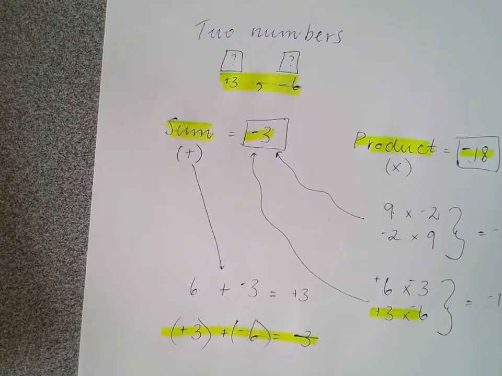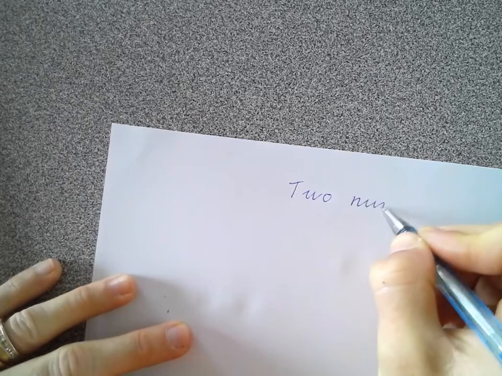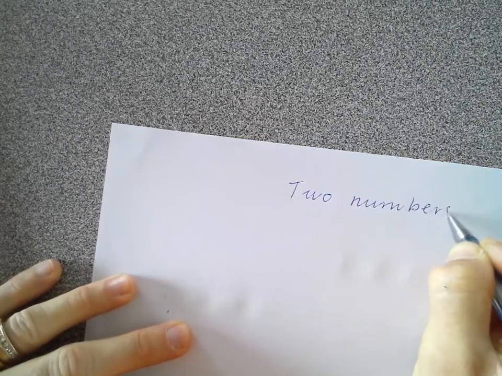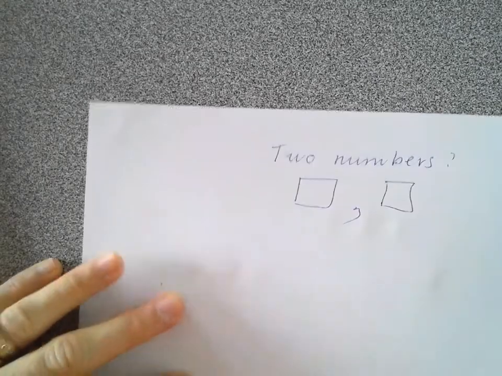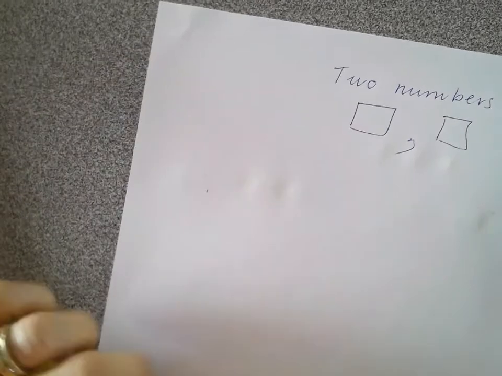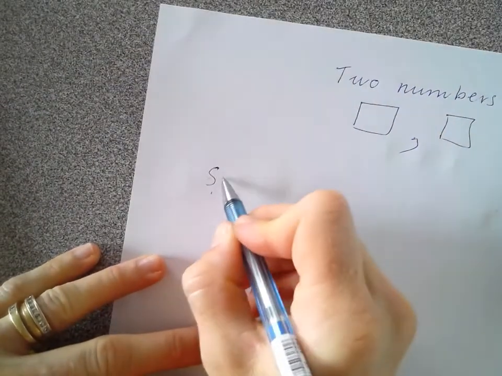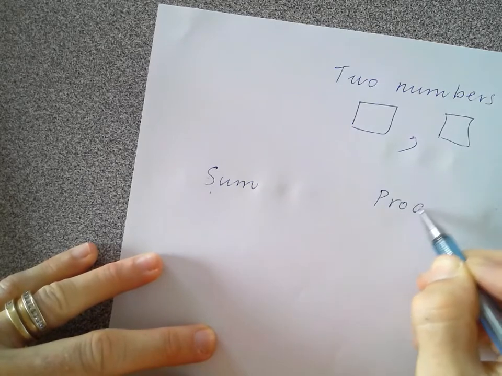Let's try one more of those. What are the two numbers? We need to work out what the two numbers are. Making them up here as I go, we might say the two numbers give us a sum and a product.